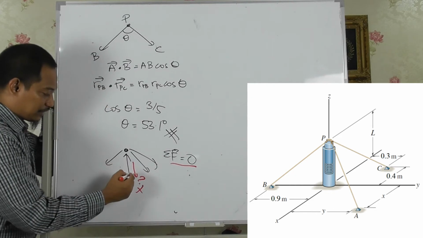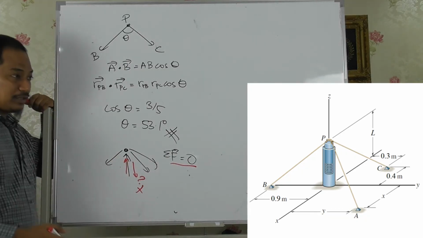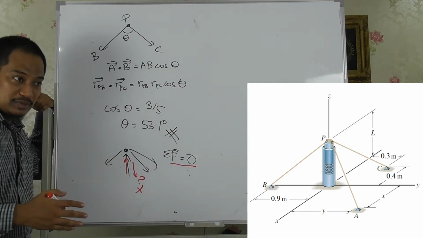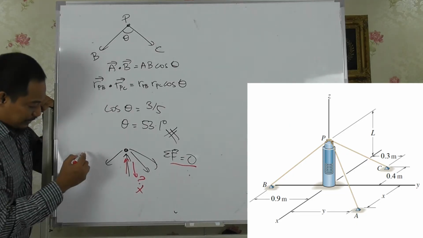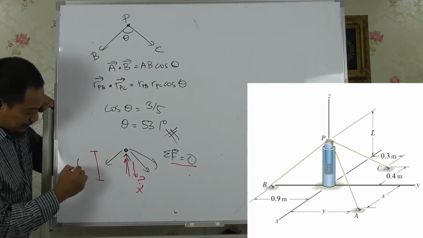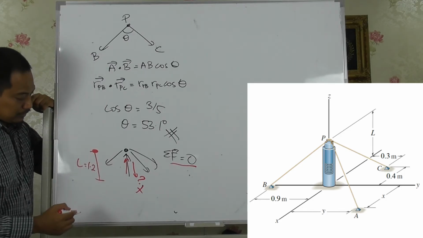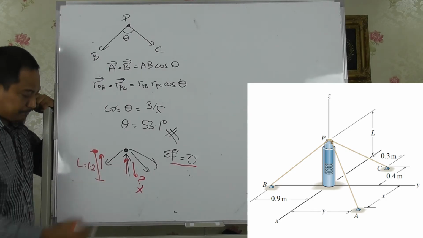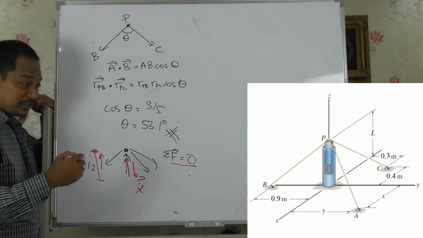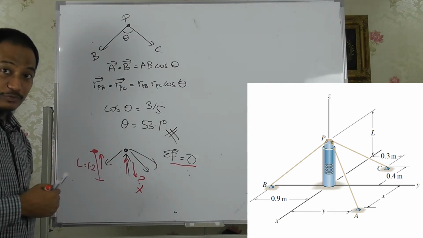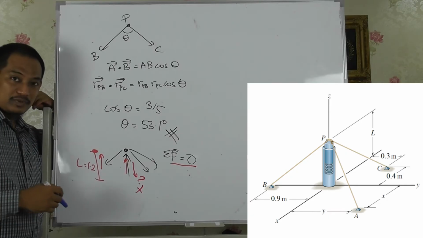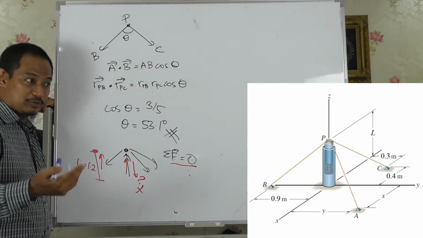So it must be going up, right? For it to go up, because right now the length is 1.2 and the spring is pushing up, the spring originally should be longer than 1.2. This is just logical if you understand how a spring works.